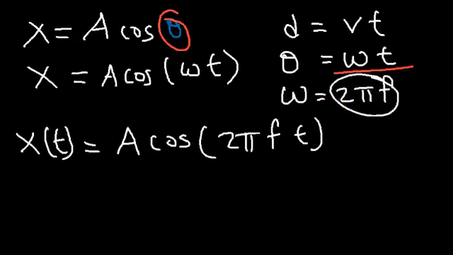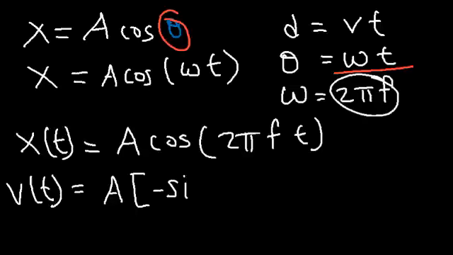Now, if you take calculus, you know that the derivative of the position function x gives you the instantaneous velocity. So let's find the derivative. The derivative of cosine is a negative sine. Now you have to keep the angle the same, the 2 pi f t.